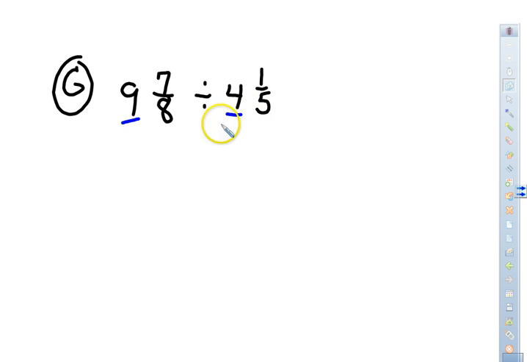So if I look at this number 9 and 7/8, which is closer to 10, divided by the 4 and 1/5, we have to find a number that's close to 4 that would be compatible to 10, which would be 5. And 10 divided by 5 is 2.